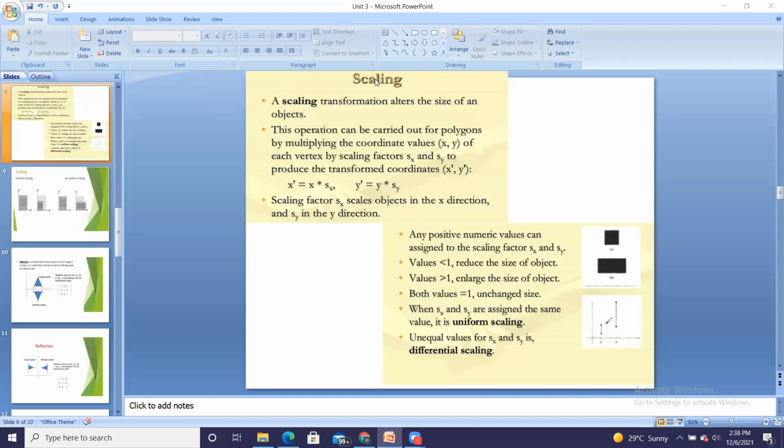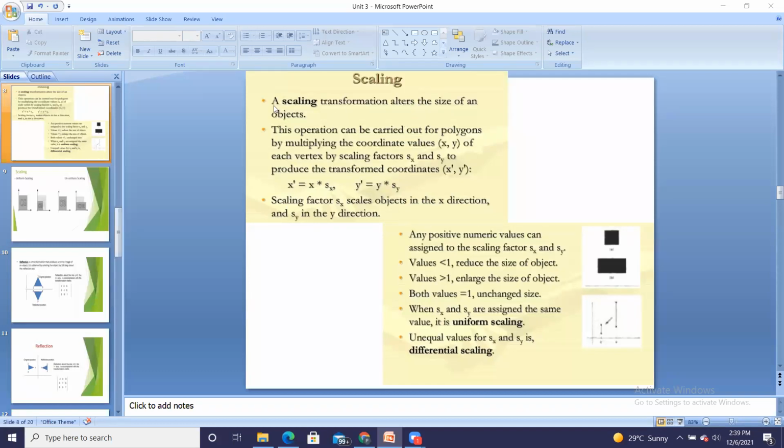Either we can perform enlargement, that is expansion, where the size will increase compared to the original, or compression, where the new object will be of smaller size than the original object. That is how scaling takes place.